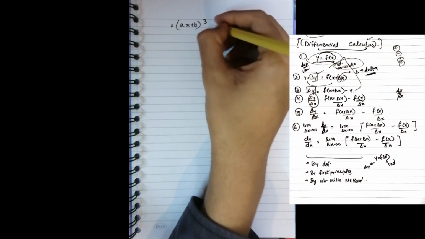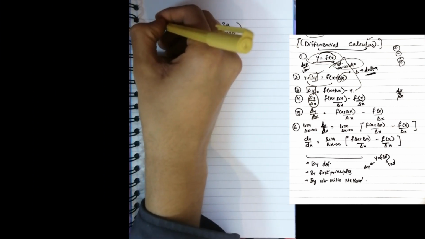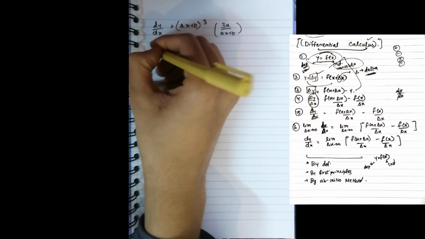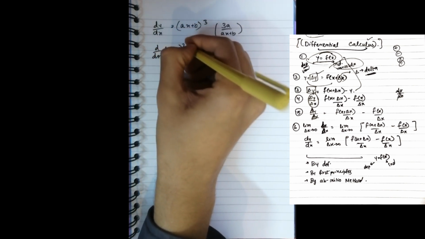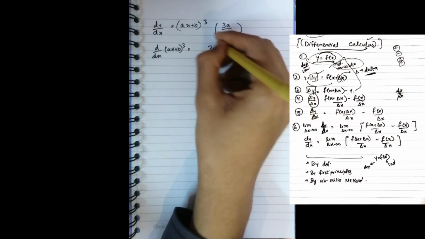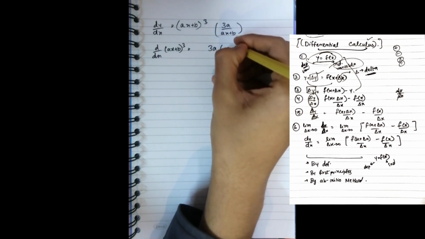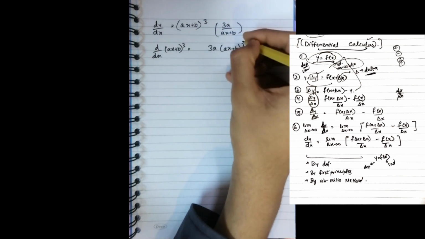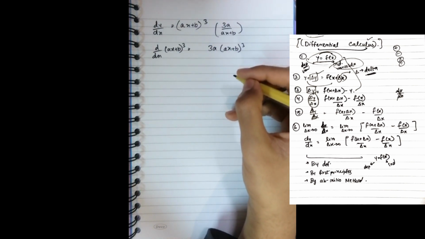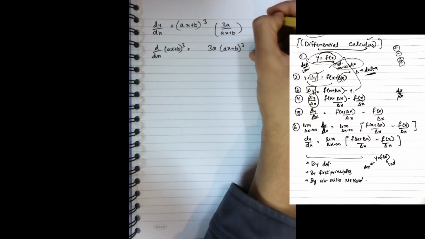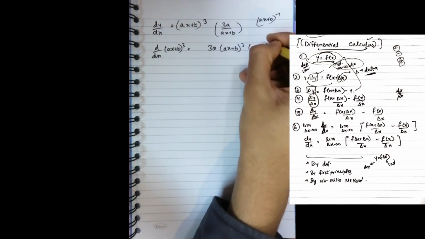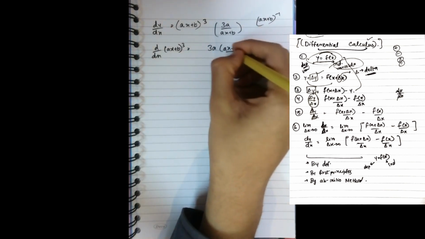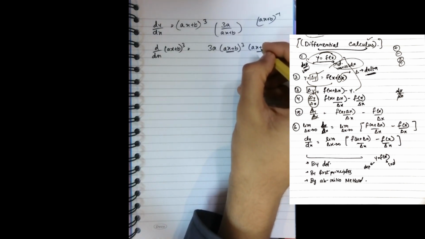So this is the derivative of the function (ax + b)^3, and you can simplify it further: 3a(ax + b)^3. And this is ax + b in the denominator, so it has the power -1, and I can write it like this. These two bases are the same, and when the bases are the same, the powers are added.